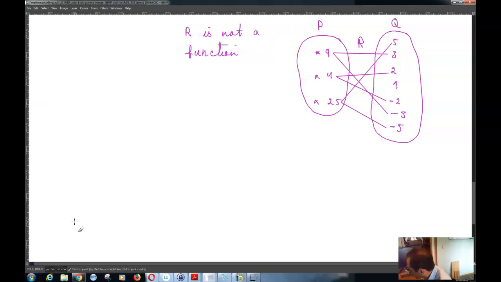And similarly, we had another example number 9. So example number 9 was something like this. We had 2 sets over here.